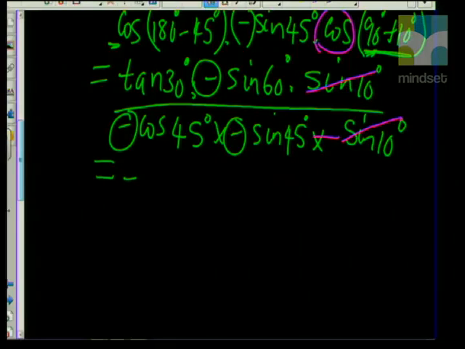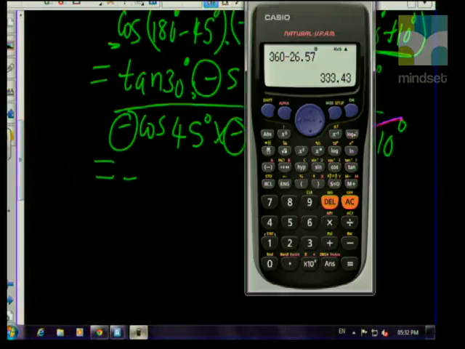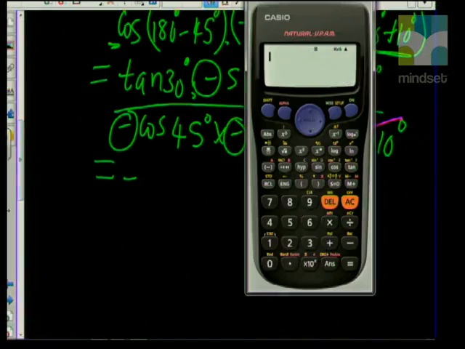Now, guys, as I said earlier, you must remember the special angle triangle. If you don't, I suggest, again, you use your natural display. You say, okay, tan of 30 is root 3 over 3. Then you type it in there.